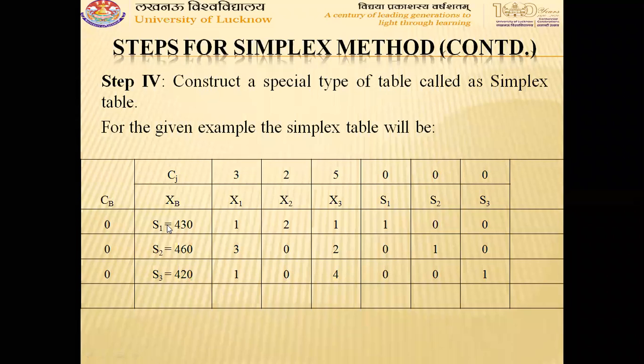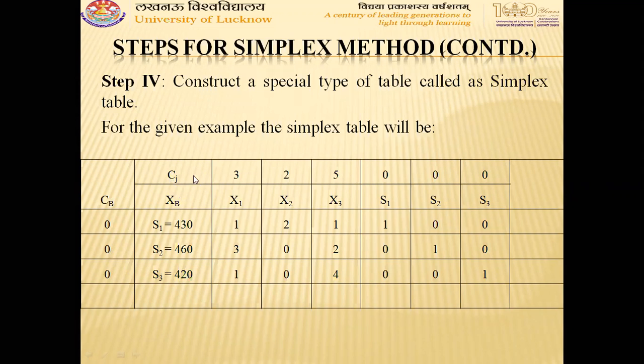We got s1 equals 430 in the first row, so I have written s1 equals 430 in the first row. Then s2 equals 460 was second, so it is written in the second row, and s3 equals 420 was in the third, or last, row. So I have written here s3 equals 420, and the cost of these three variables was 0 in the objective function, so CB contains all the elements as 0.